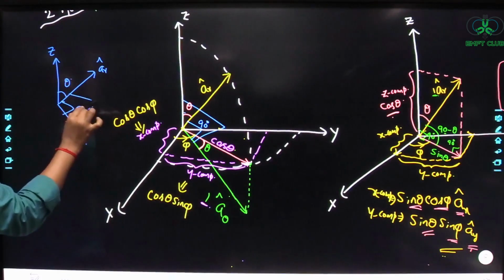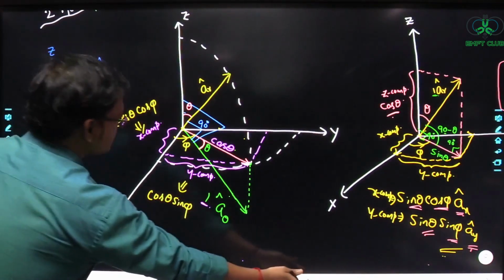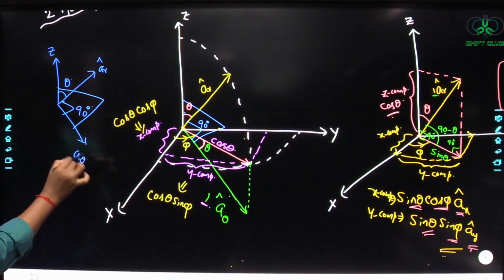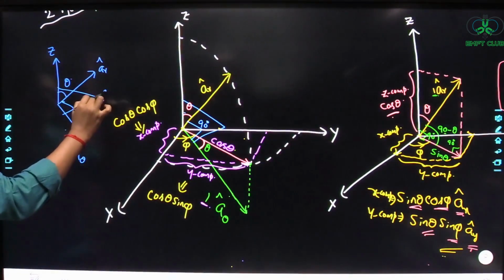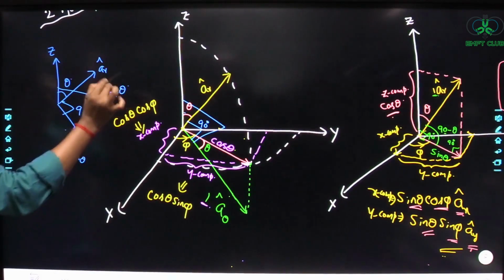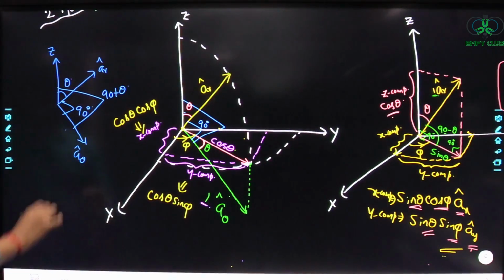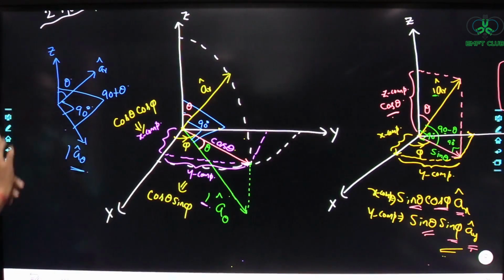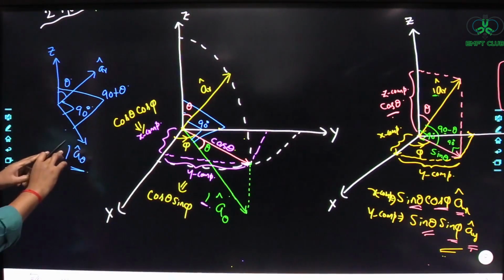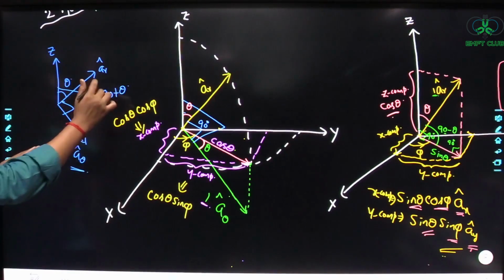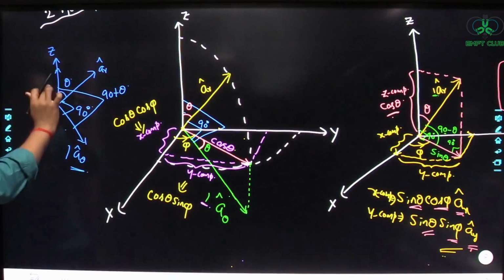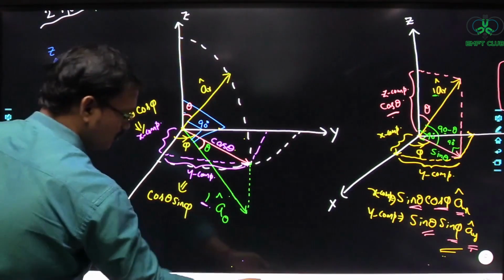So the angle between the z axis and a theta cap is 90 plus theta. So what is the component of 1 into a theta cap along the z direction? It is 1 into cos of the angle between a theta cap and the z axis. Understood?